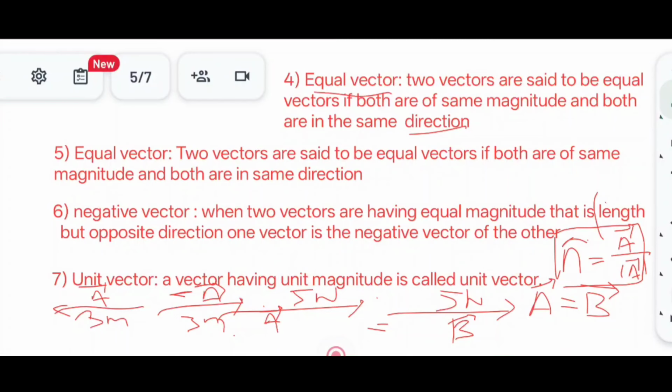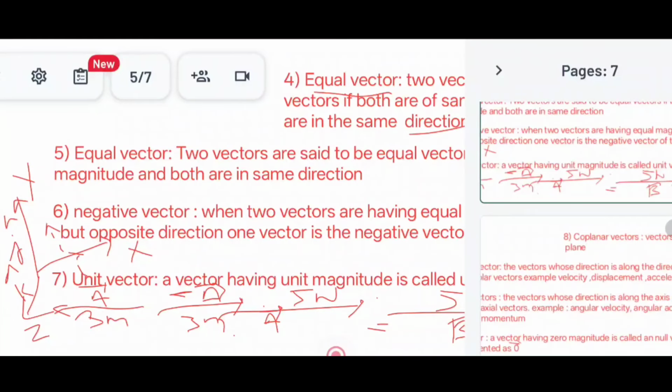If we take the coordinates, the x-axis has the i cap unit vector, the y-axis has the j cap unit vector, and z has the k cap unit vector. This I'll explain in the next video completely.